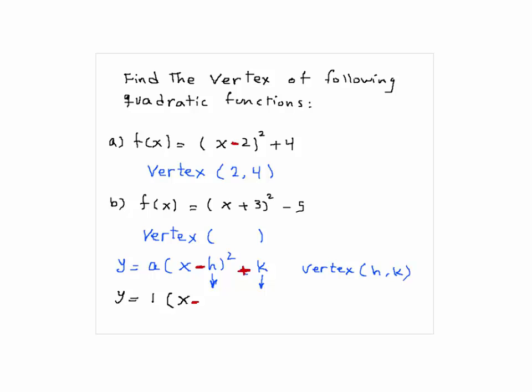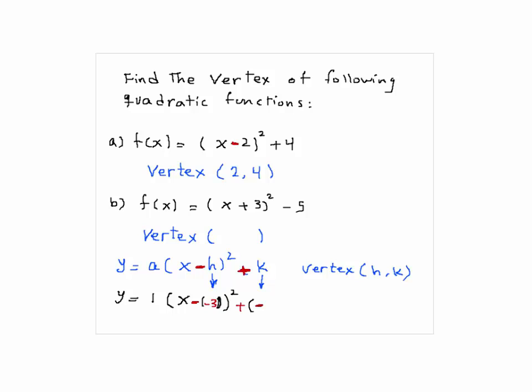So my h here is -3, must be -3. And then this is always positive, and my k also is -5.